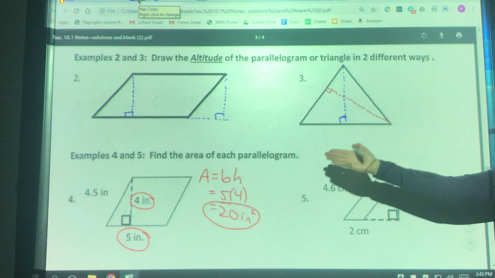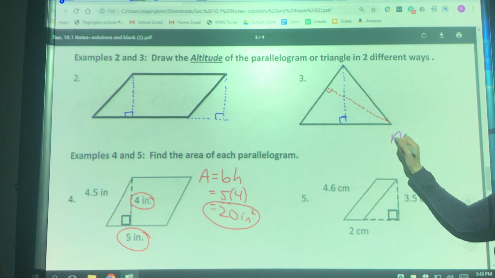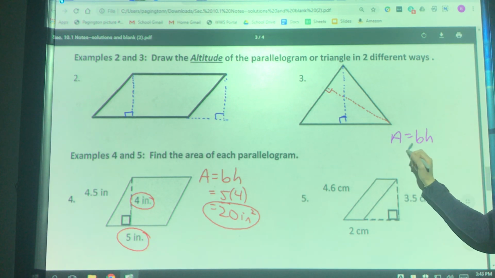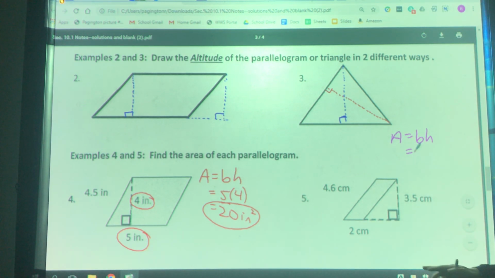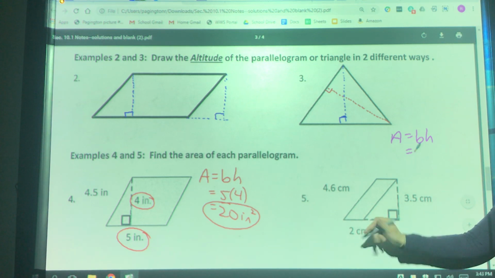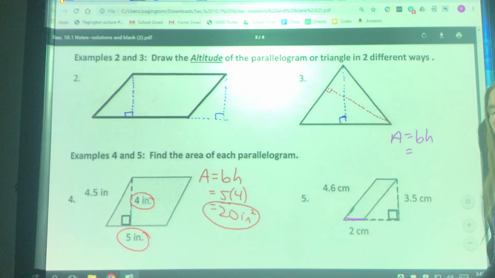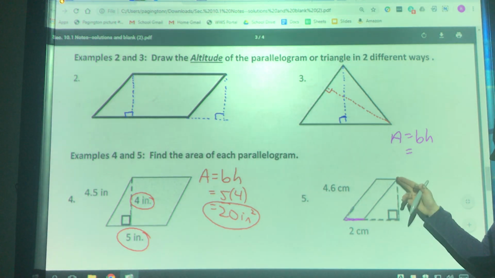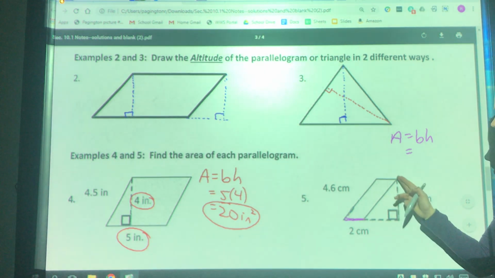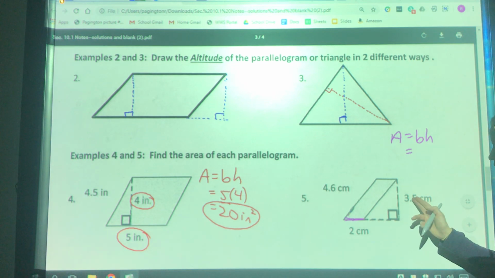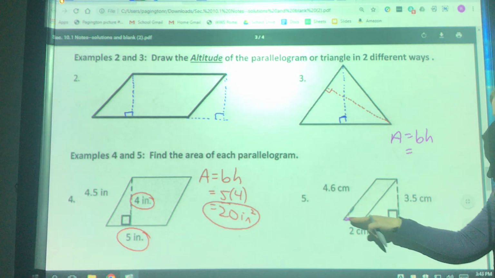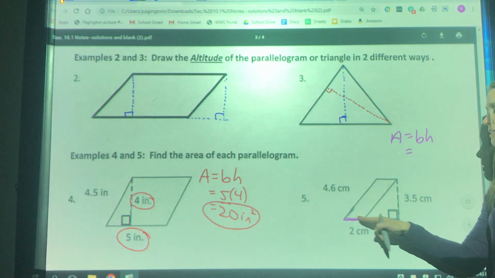And then over here for number 5, I'll do it right above right here. So again, it tells me it's a parallelogram, so I can use my formula, area is equal to base times height. In this case, my base that they're showing me is just going from here to here, which is 2. Yes, they did extend out that side, so they could drop down and show that height or altitude, which is 3.5, but I'm just dealing with this actual length here as the base.